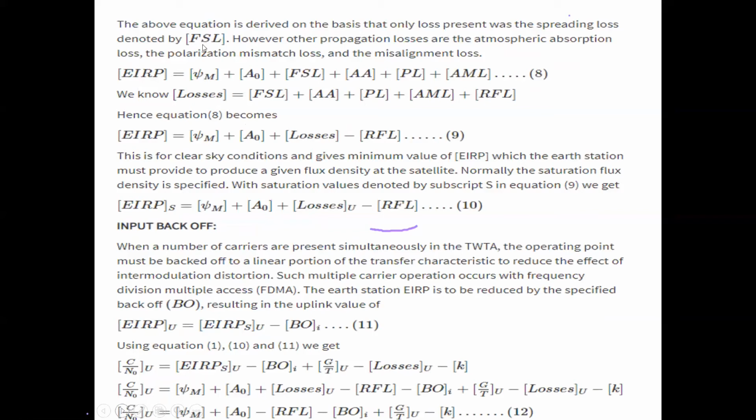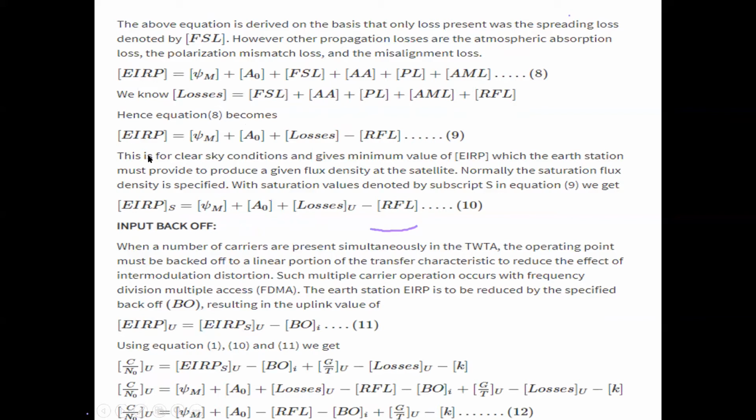With FSL we will have all the losses except the feeder losses. The reason is that this is with respect to free space and not at the point of feeding. Although it is written FSL, this is not correct here. These losses include all the losses: atmospheric, polarization, antenna misalignment, except the feeder loss.